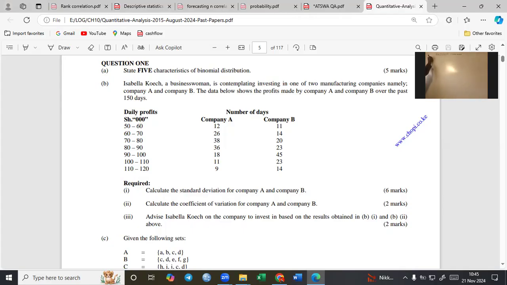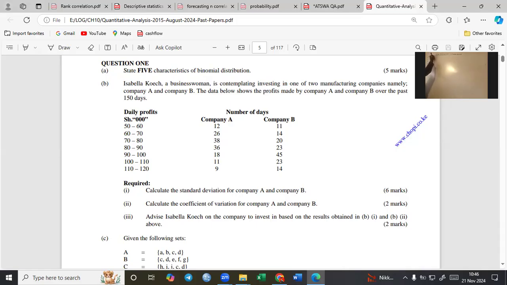The intervals are 50 to 60, 60 to 70, 70 to 80, 80 to 90, 90 to 100, 100 to 110, 110 to 120. So this is the interval.